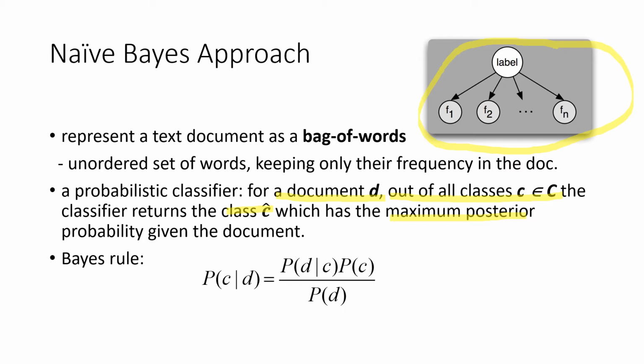This calculation is obtained by using the Bayes rule. The Bayes rule says that the probability of a class given the document equals the product of the probability of a document given class and probability of a class, divided by the probability of a document.